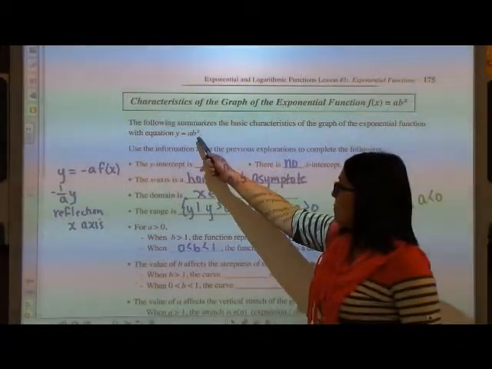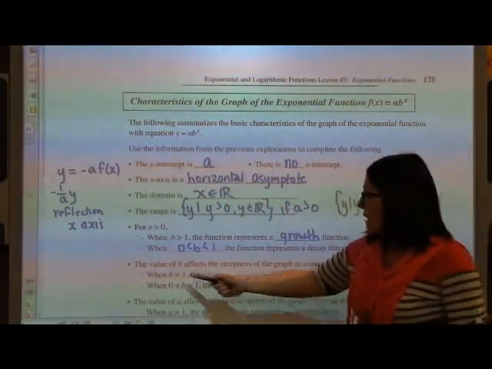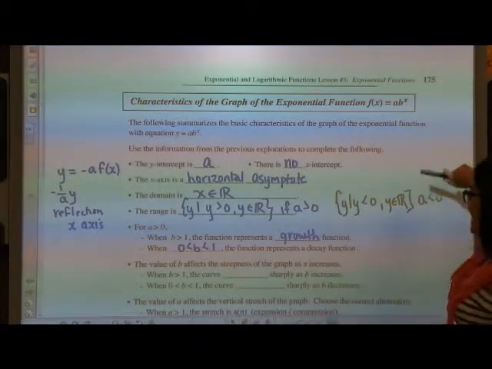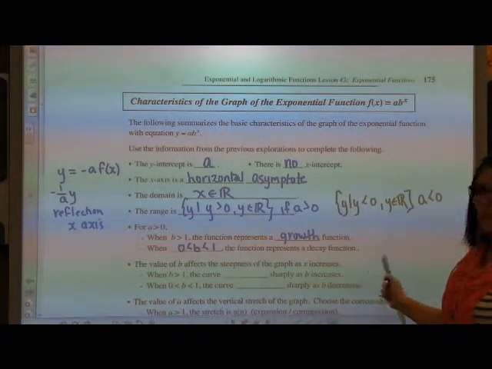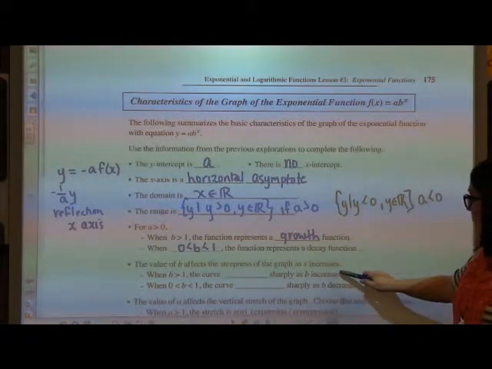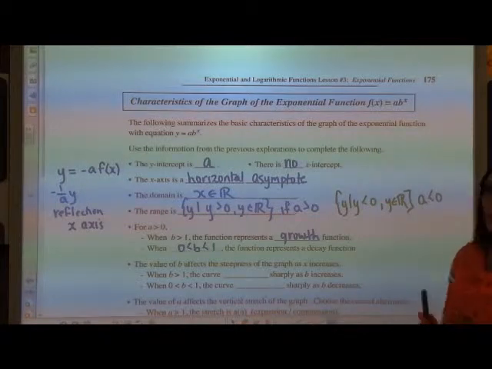So remember, this is my b value. When b is greater than 1, the graph rises more sharply as the value of b increases. So my 10 to the power of x graph is sharper than my 3 to the power of x graph.